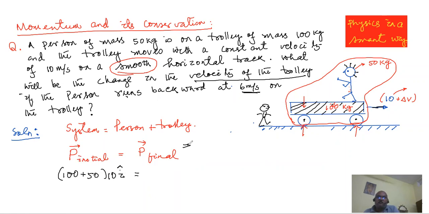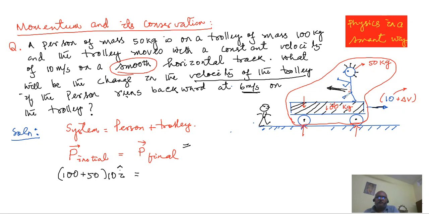Now the thing is, what is the final state? Already we have described it: the final state is when he is walking. You should not take the final state as when he stops, because when he stops, the whole thing comes back to the initial level. So he is continuing to walk, that is our final state. In the final state, it will be slightly difficult to combine everything and write the whole momentum in one go.